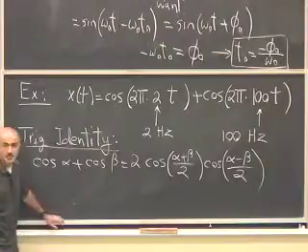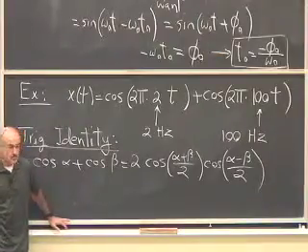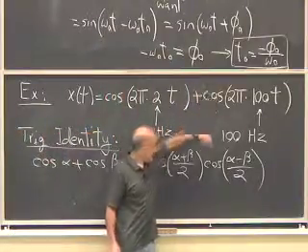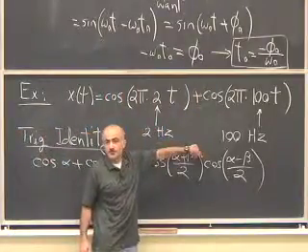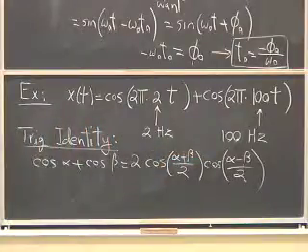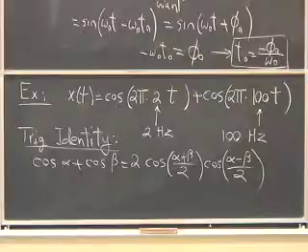Is everybody clear what we want? So use the identity, change this sum of two cosines into a product of two cosines, and then plot.